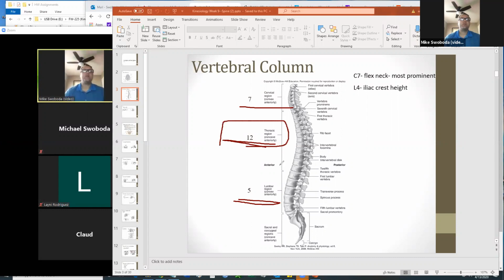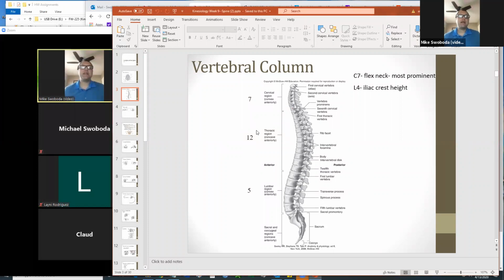All of your thoracic vertebrae have a rib coming off of them. If it doesn't have a rib and it's above the thoracic spine, then it's your neck, your cervical spine. If it doesn't have a rib and it's below your thoracic spine, it is your lumbar. So that's pretty simple. All you really have to remember is that your thoracic spine has ribs attached to it. That's it.